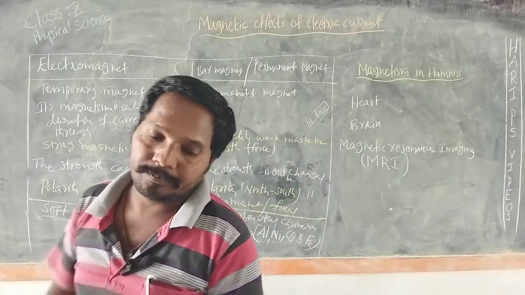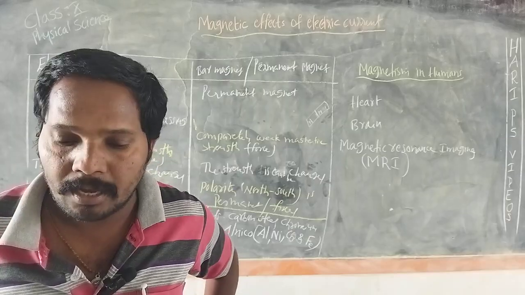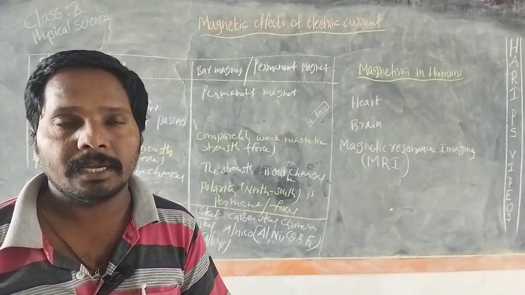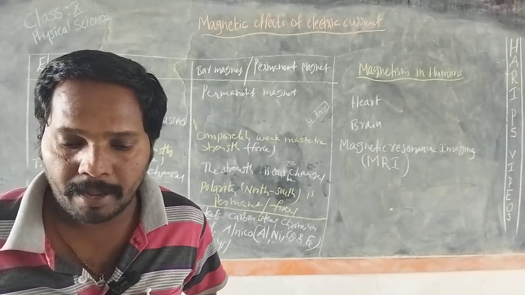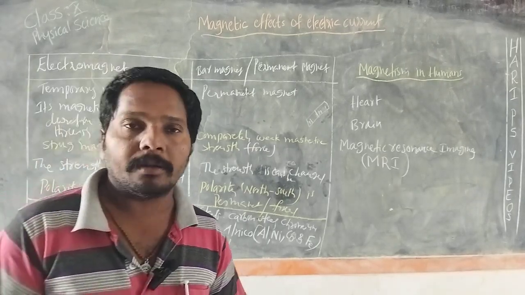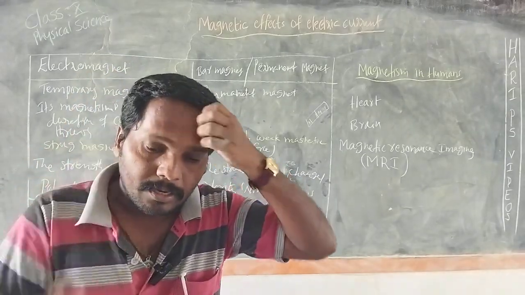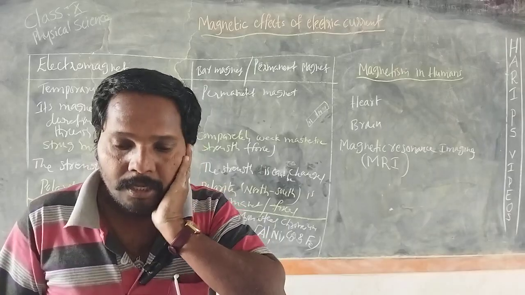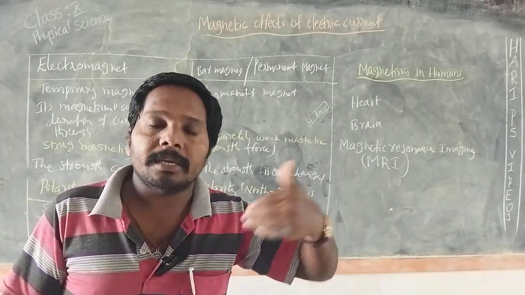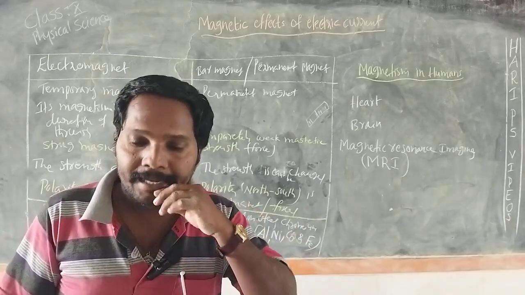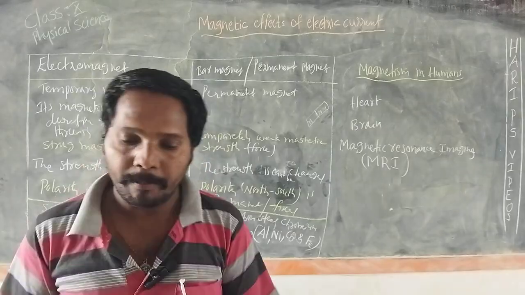MRI is used to obtain images or pictures of the internal parts of our body. It is obvious that magnetism has an important use in medical diagnosis, because MRI scans enable doctors to see inside the body. MRI can detect cancerous tissues inside the body of a person.